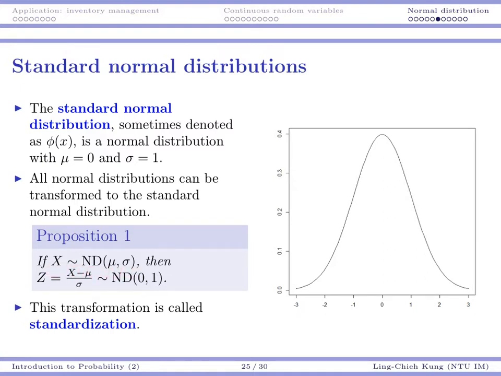So x describes a random event, and the probability distribution is normal, with mean mu and the standard deviation sigma. And then I can always construct another normal random variable, with mean 0 and the standard deviation 1. How? I simply need to get x minus mu divided by sigma.